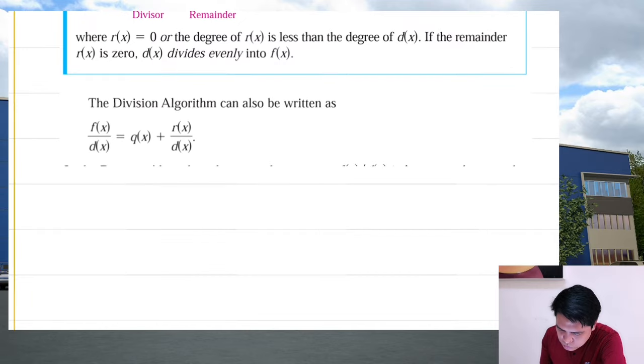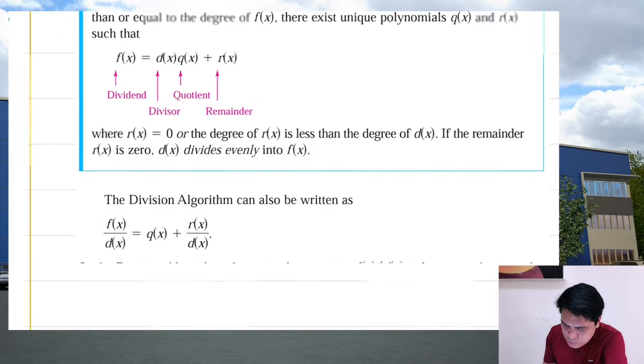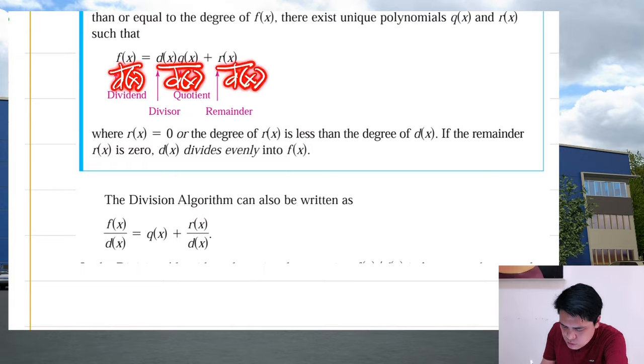So the division algorithm could also be written like this. We just divided all terms by d of x, or you can transpose d of x to the other side of the equation. So we cancel this out.